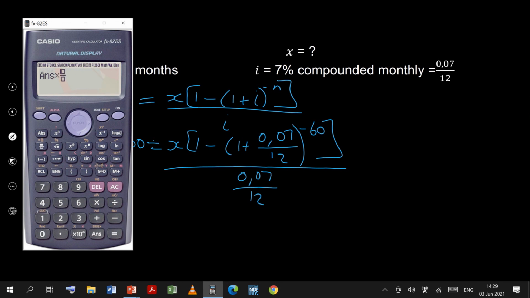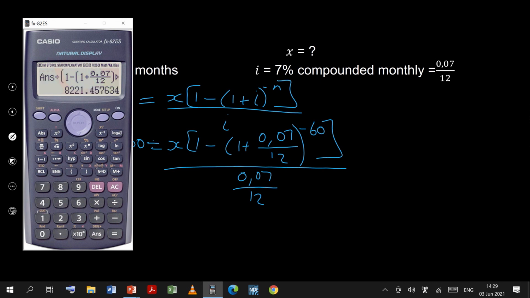Then calculator all the way. Multiply this by 0.07 over 12. And this will give me 2,422, and then I will need to divide this by the whole thing that is inside that big bracket, which will be 1 minus (1 plus 0.07 over 12) raised to the exponent of negative 60, and then I will close my bracket.